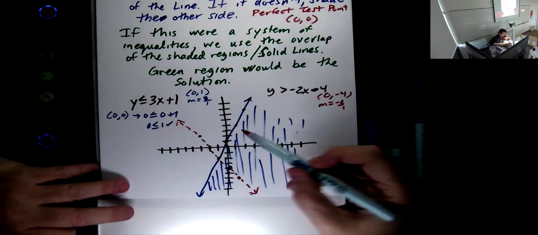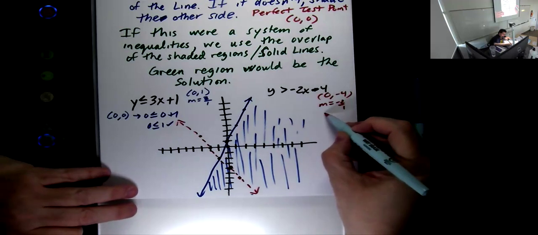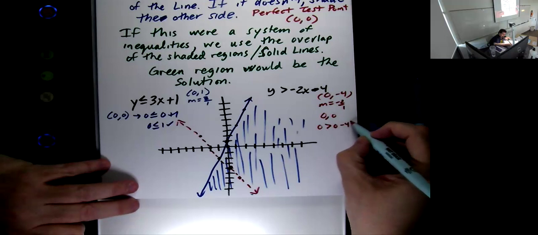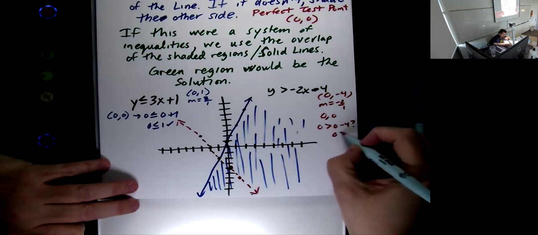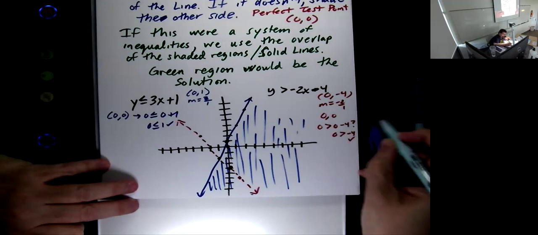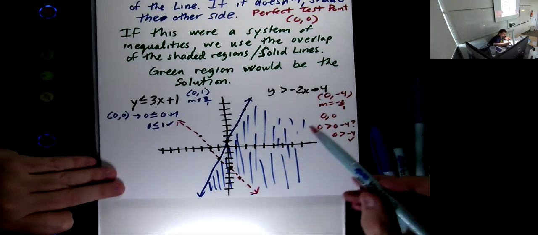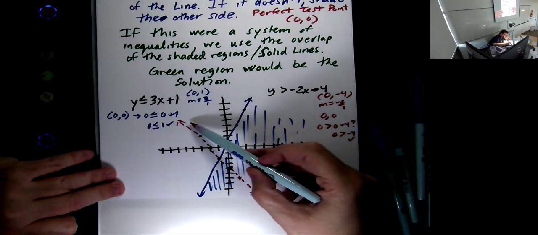And if I plug in 0, 0, 0 is greater than 0 minus 4. 0 is greater than a negative number. So we're shading on the side of 0, 0, which is that direction.